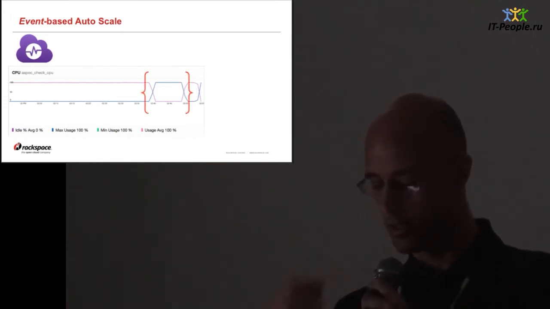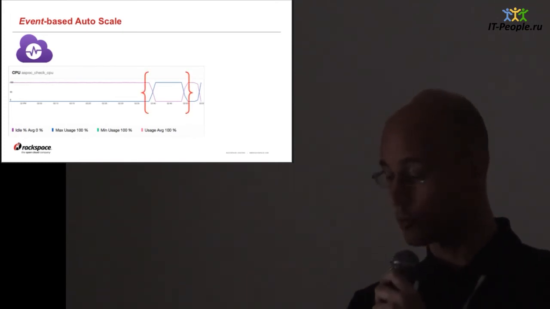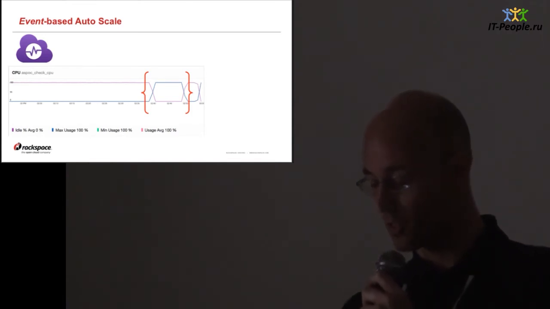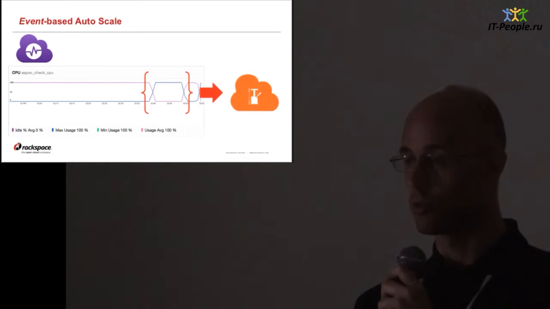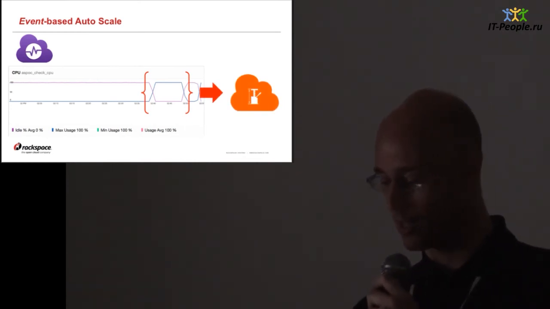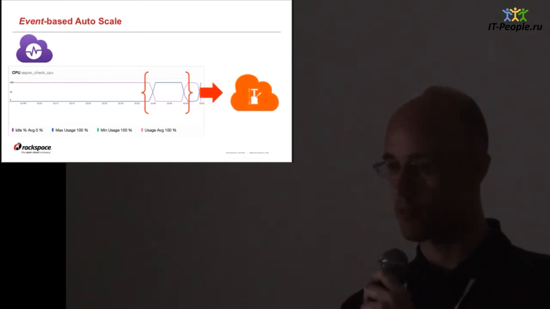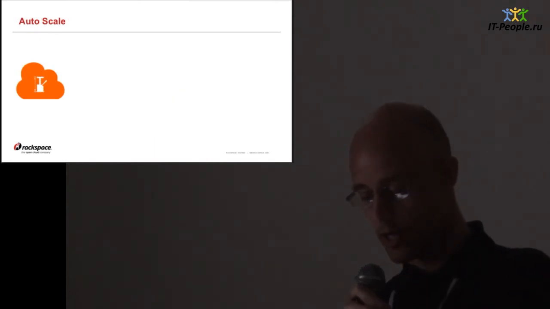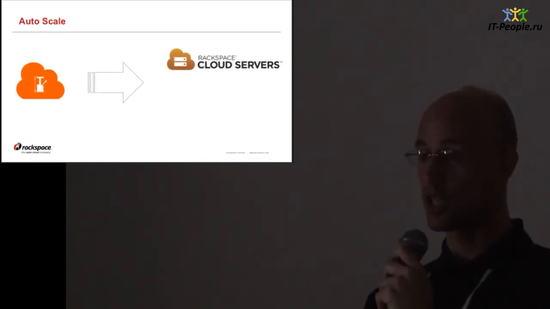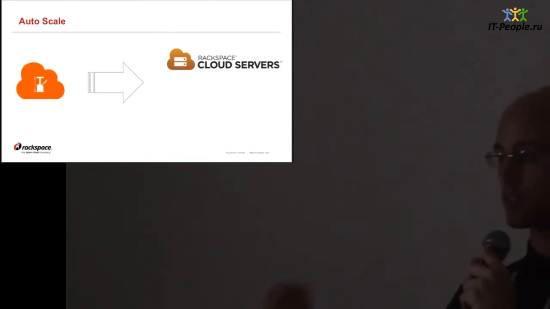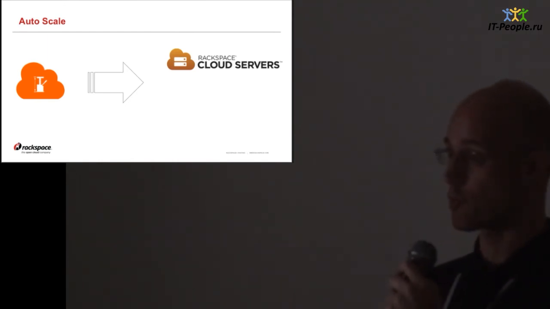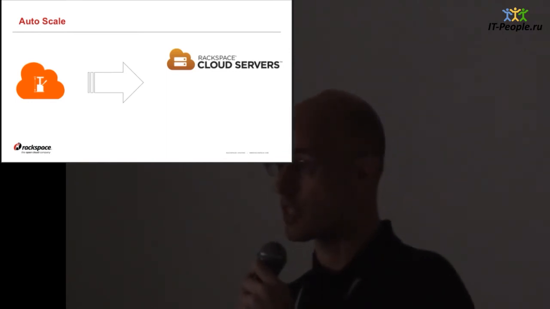Then you have the output of the monitoring system, which is the load of servers. And according to the threshold that you configure, you can spin servers up and down. As soon as you do that, Autoscale will put a message on the cloud server's message queue saying, hey, cloud server, spin that many cloud servers up.